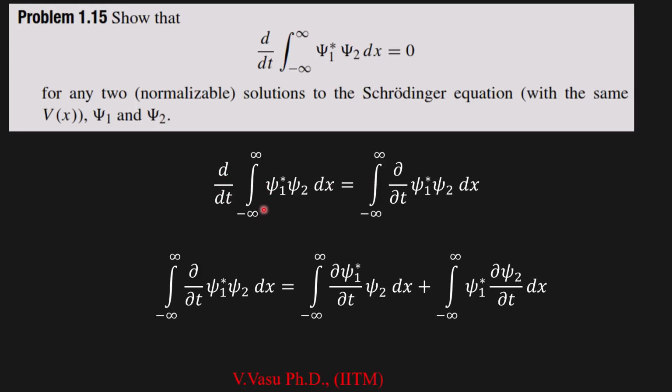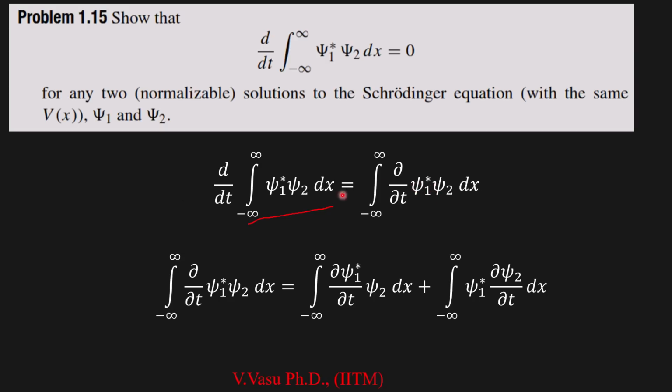This integral is a number, you know very well, it is the probability, so you can differentiate it with respect to time. But when you bring the time derivative inside the integral, the wave function depends on the position also, so this will become a partial derivative.